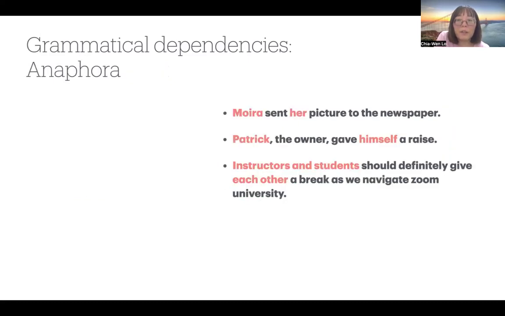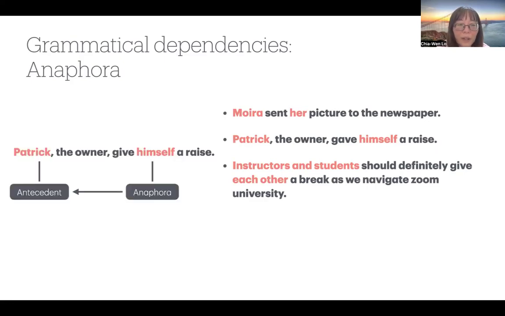And the third grammatical dependency is anaphora. In the first example, "Mora sent a picture to the newspaper," Mora is female, so it has a gender agreement with the anaphor "her." Also, in the second sentence, "Patrick, the owner, gave himself a raise," Patrick is male, so it has a gender agreement with "himself." And in the third example, "Instructors and the students should definitely give each other a break," the anaphor "each other" agrees with the antecedents instructors and students.